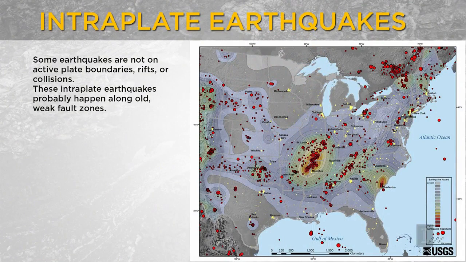Other belts that we can see here: there's earthquake activity in eastern Tennessee, near Charleston, and near Montreal. All of these earthquakes are intraplate earthquakes, and why they occur is not fully understood. One of the explanations is that they occur along ancient but still weak fault zones, and that the continent of North America, even though it's not a plate boundary, the rocks of the continent are still under stress.